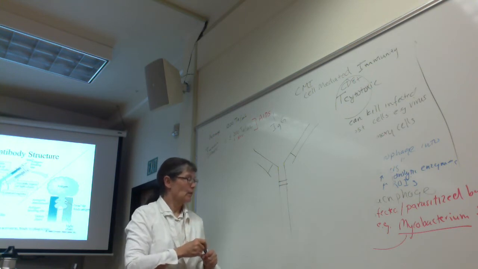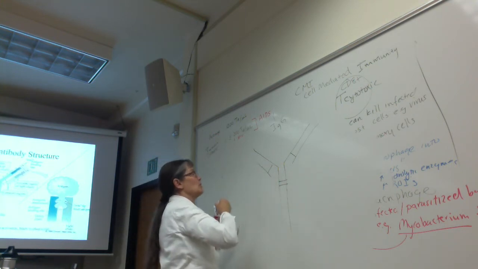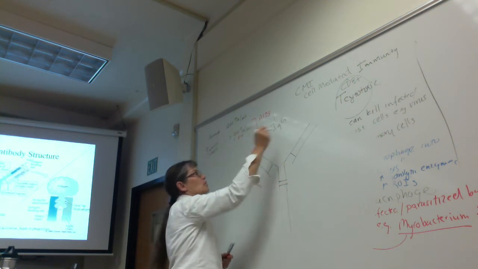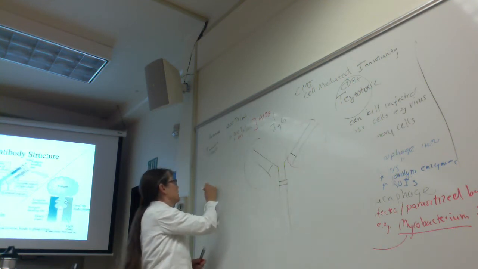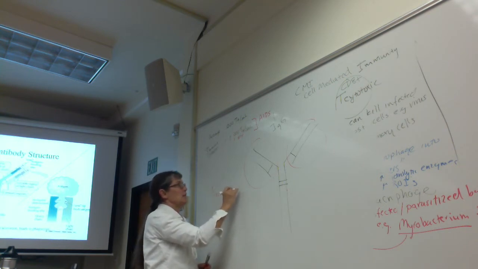So if I cut my antibody right at the hinge here, it's going to release the two arms, and the two arms are known as the FAB fragments, and AB stands for antigen binding.